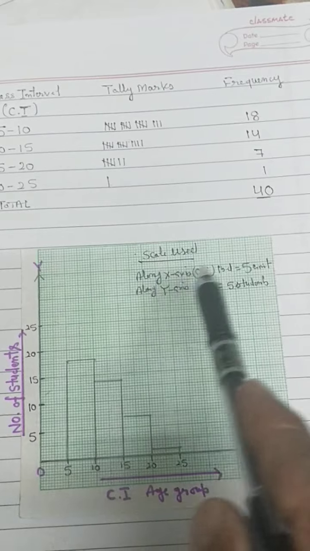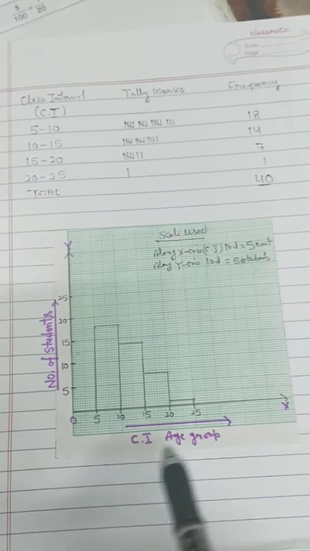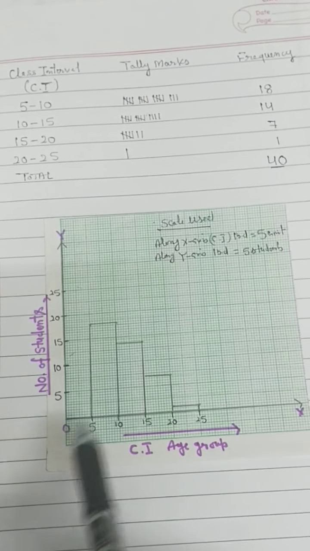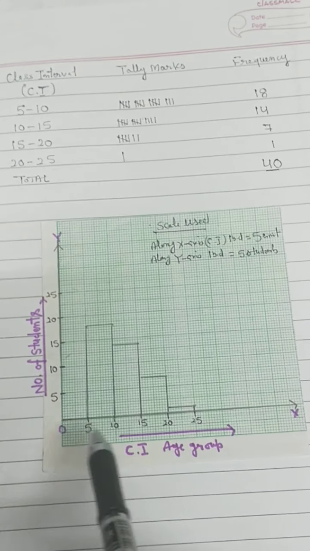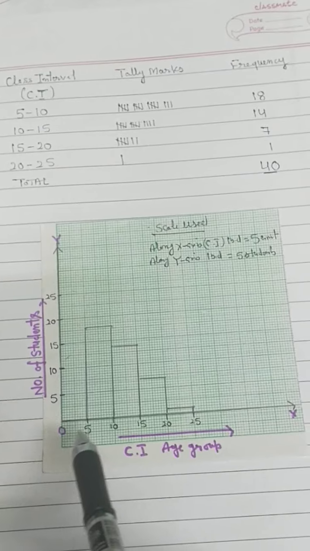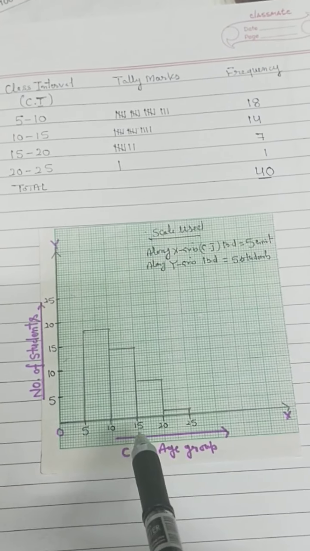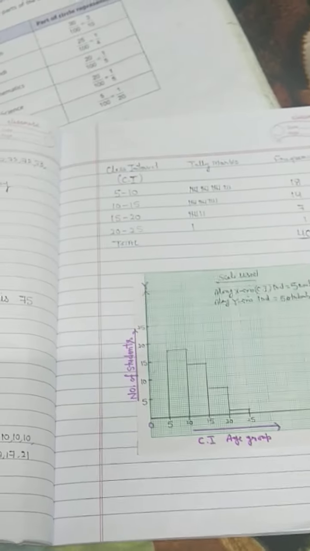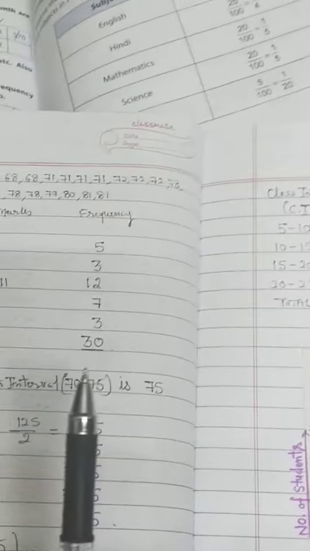You can take your scale first, then draw the histogram. In the histogram, from 0 to 5, I have not used a kink because the spacing is the same. So in this way you can do this worksheet first.